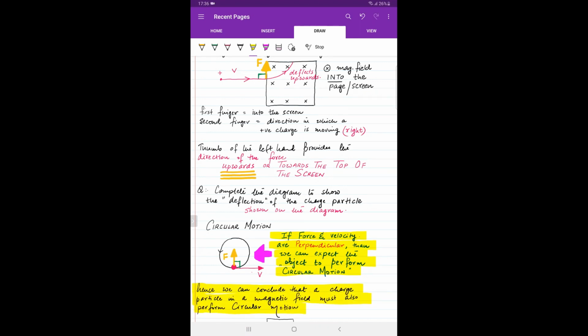So if you compare the two diagrams with each other, the fact that we have established is that in both diagrams, force and velocity appear to be mutually perpendicular to each other. Now, based on the idea of circular motion, we already know that if force and velocity are both at right angles to each other, then the particle must move in a circle.